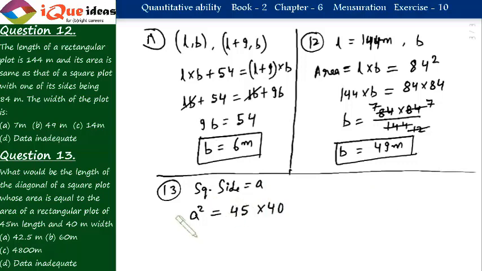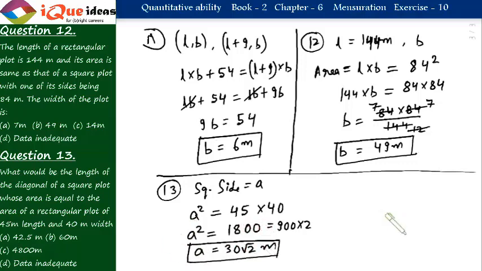So that means A square is 45 into 40 would be 1800, which is 900 into 2. Now 900 is 30 square. So A is equal to 30 root 2 meter. So side of the square is 30 root 2 meter, but we need the diagonal. Now diagonal of square is equal to side root 2.